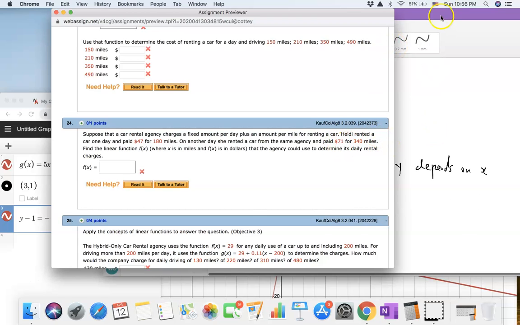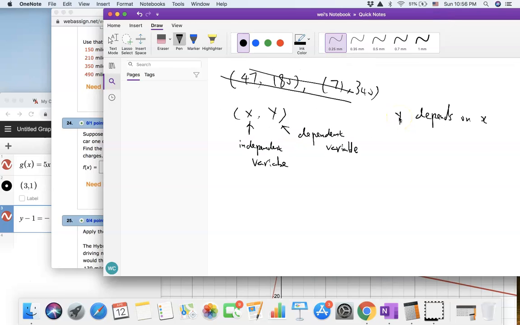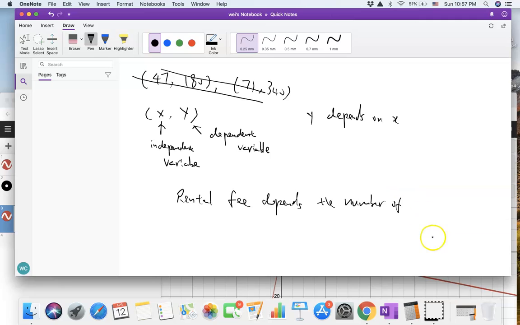So because here her rental fee depends on the number of miles she drove, the number of miles should be the x value, and the rental fee should be the y value.